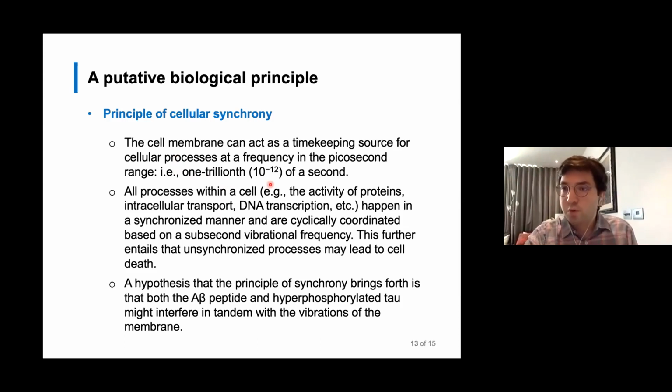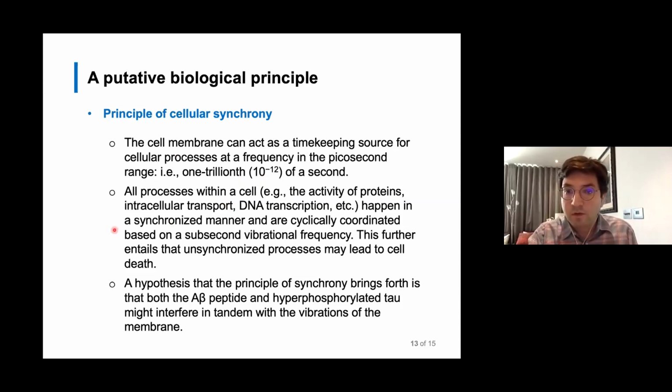We could propose, based on various observations, and I won't go into any detail, that all processes within a cell, the activity of proteins, intracellular transport, and so on, happen in a synchronized fashion at a frequency of 10 to the negative 12 seconds.